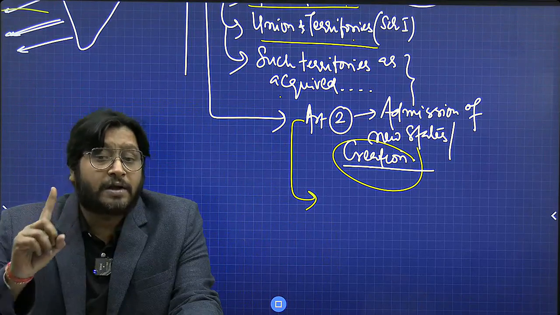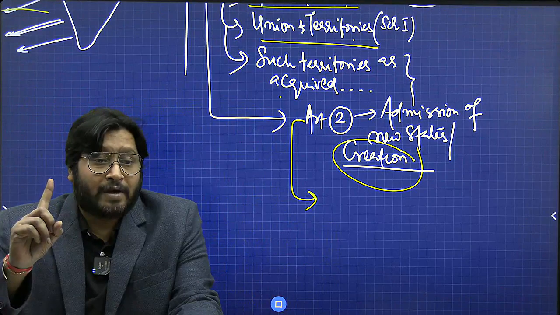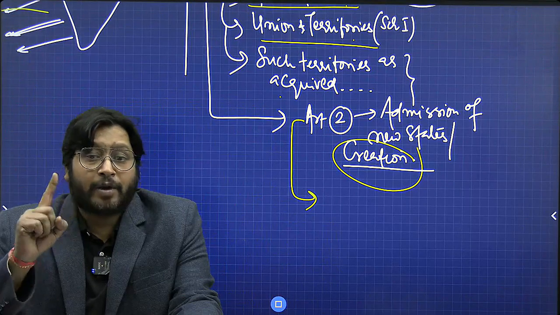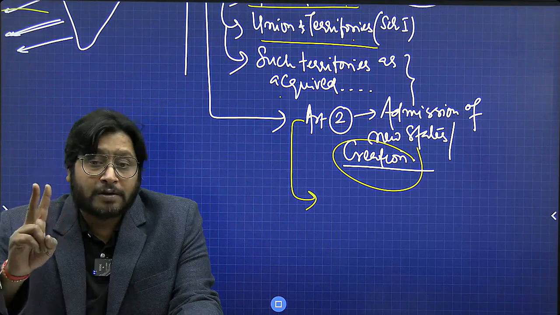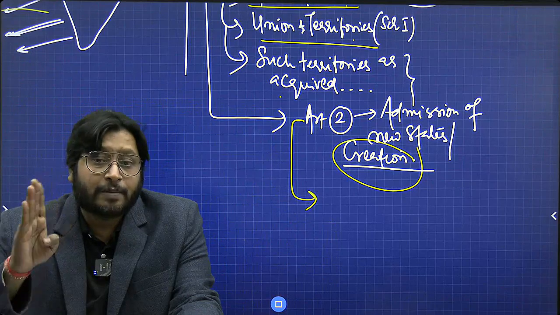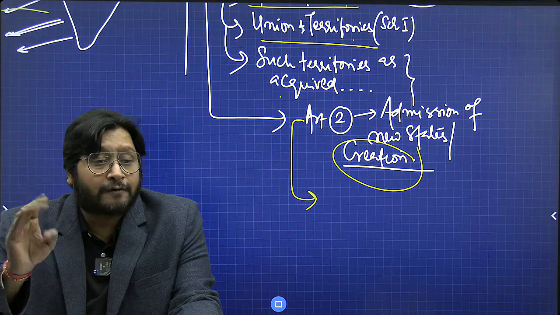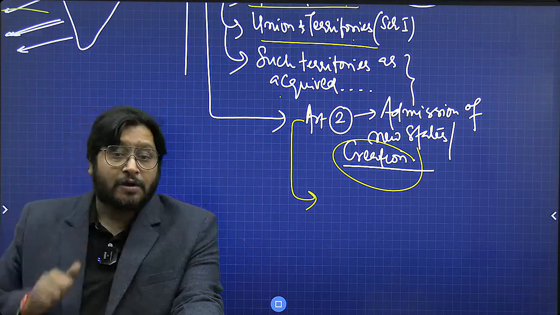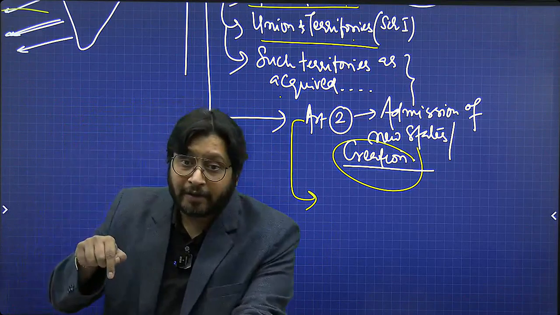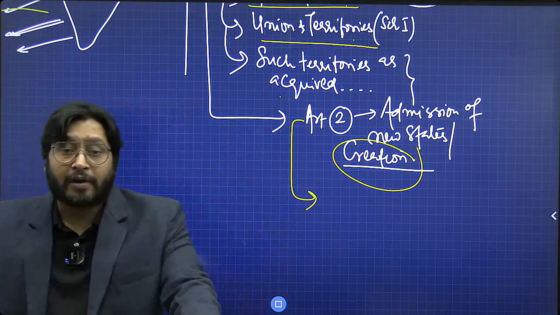Once they are a state, they have political integrity, they can make policies, they can make laws, they have separate functions, they have a separate political office, chief minister, and likewise. So they have political integrity but not territorial integrity, right?